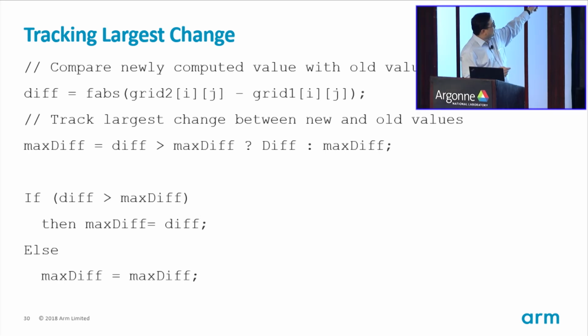He's got this statement here. If you're not familiar with the syntax, it basically boils down to an if-then. If diff is greater than max diff, then we have a new max diff. Otherwise, it's the same value. There's nothing conceptually wrong. It runs, it gets the right solution. But what I was trying to show him is that there's actually a performance penalty for doing it this way.